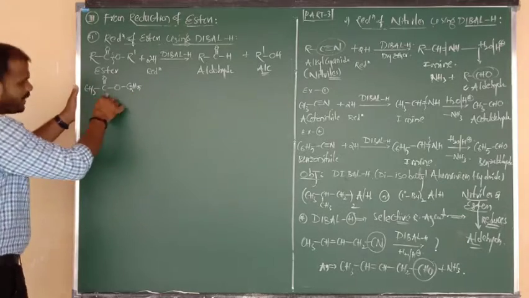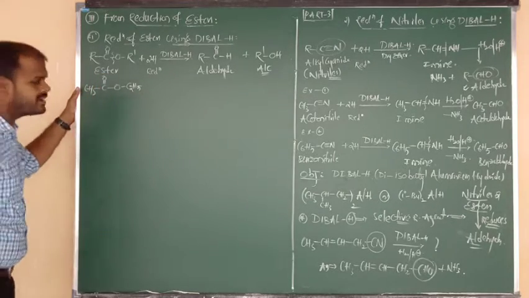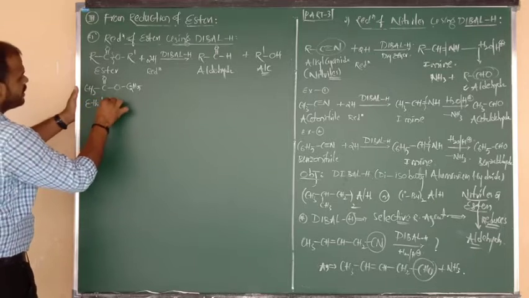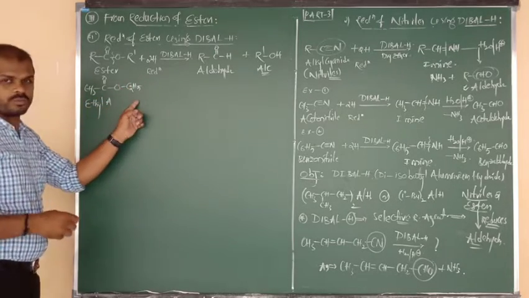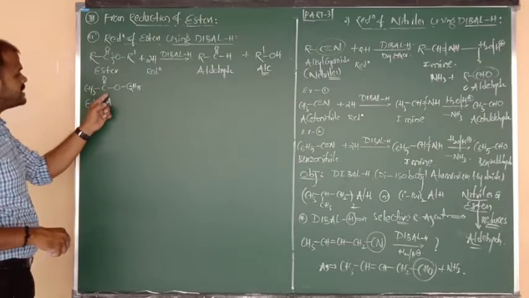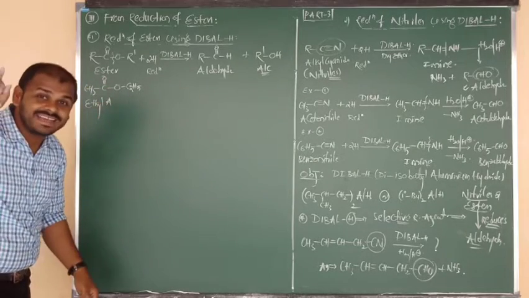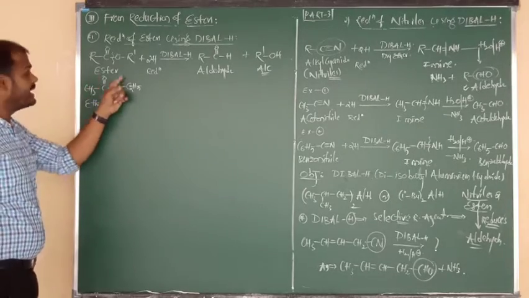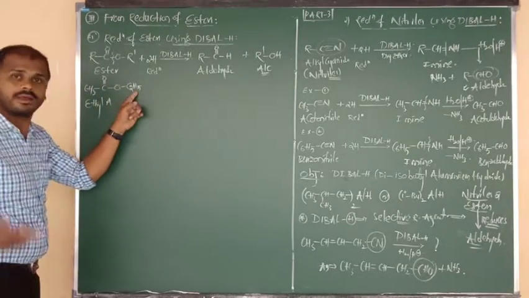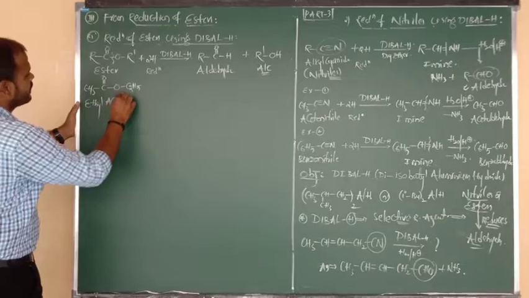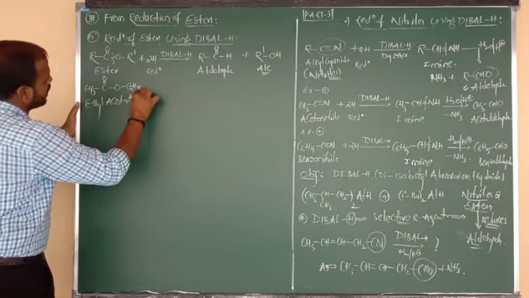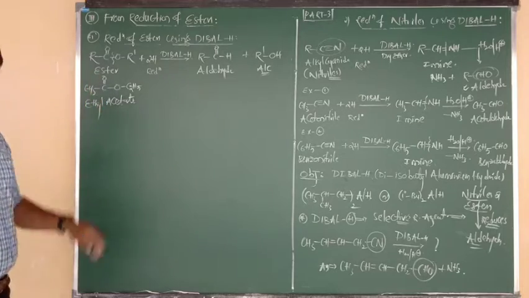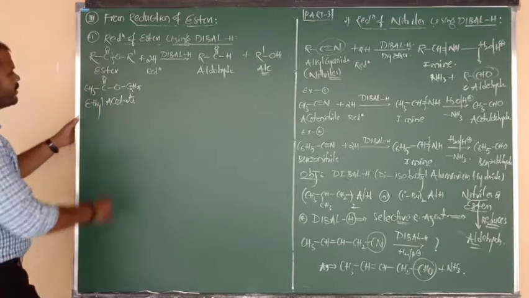Ethyl ethanoate, that is an ester. The common name is ethyl acetate: it looks like CH3COOH, acetic acid, but without H, so CH3COO minus is the acetate ion. So ethyl acetate is the common name and ethyl ethanoate is the IUPAC name of the respective ester. Good.